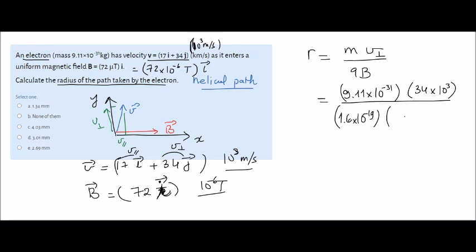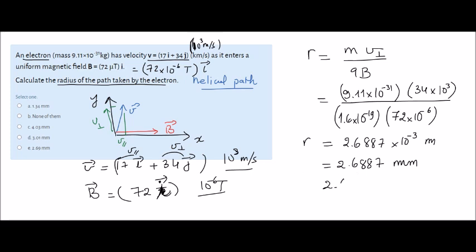And B, what is it? 72 times 10 to the power minus 6. You get 2.6887 times 10 to the power minus 3 meters. All right, that's what my calculator gives me. That's in millimeters. So we write 2.6887 millimeters. When I round it, 2.69 millimeters. So that's the true answer.